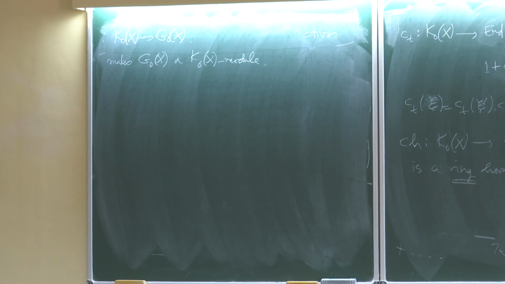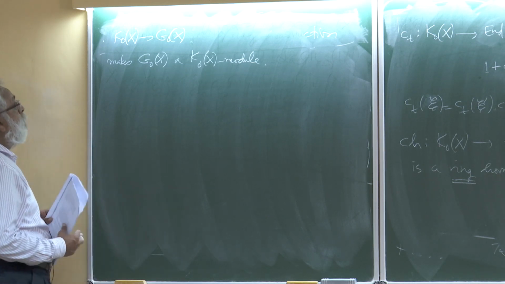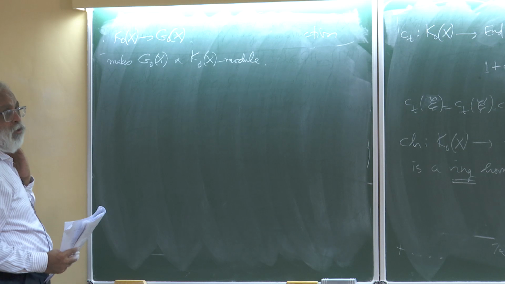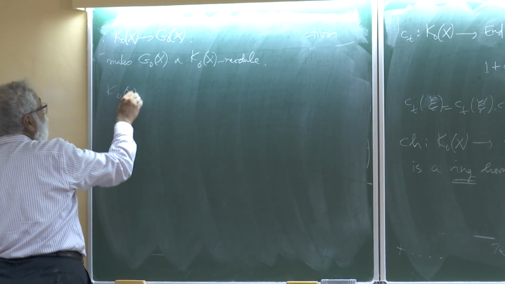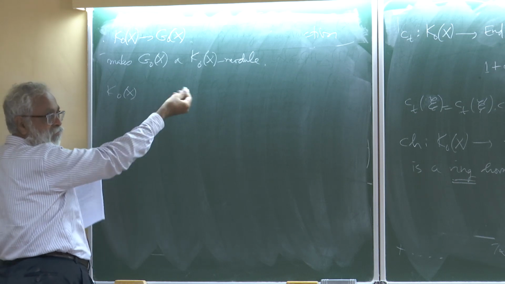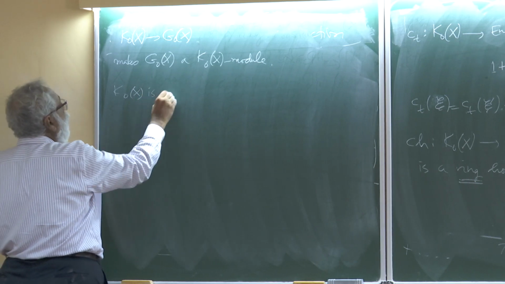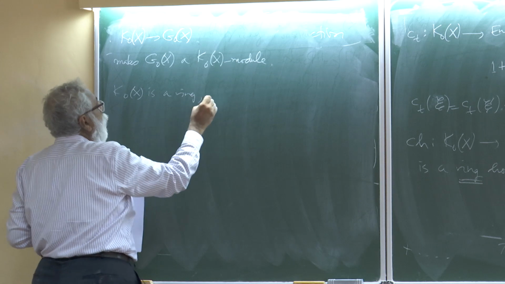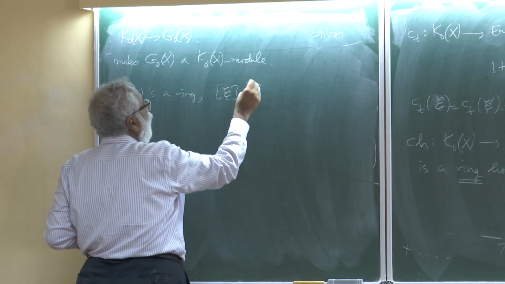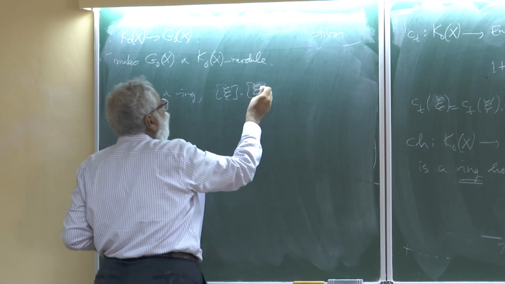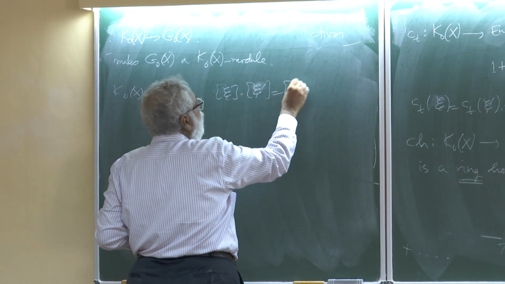So that's the map. And when I say it makes it a K0 X module, I should have said K0 X is a ring. Only with a ring can I make sense of something being a module. With E, class of E multiplied by class of E prime is equal to class of E tensor E prime.